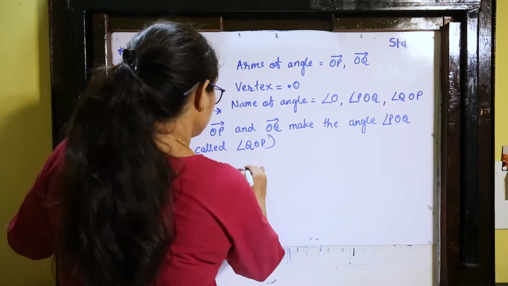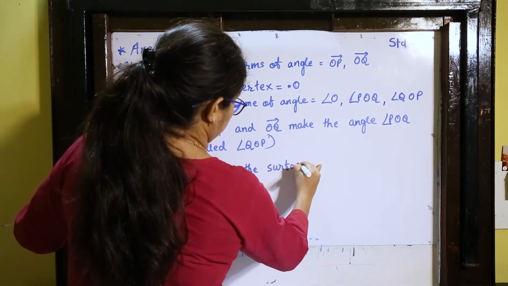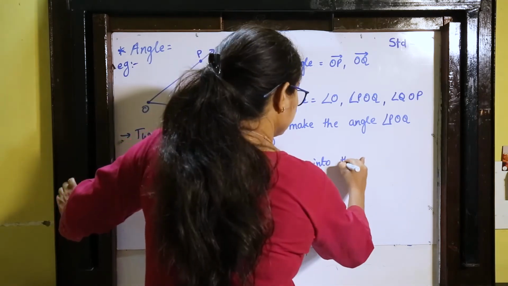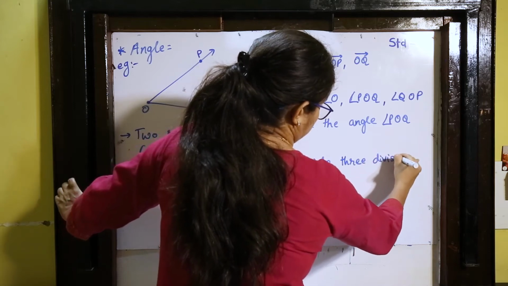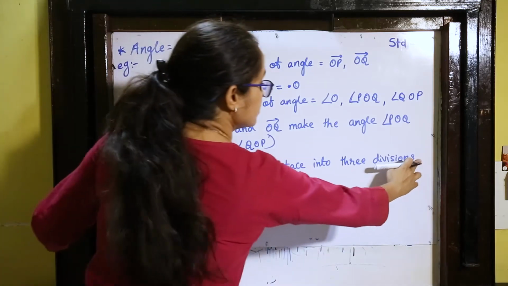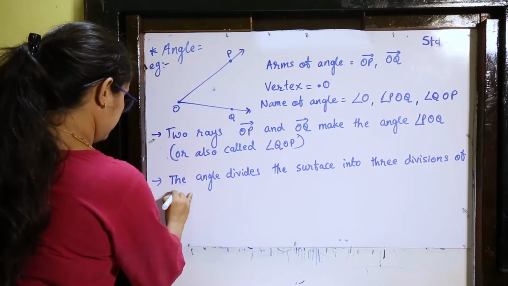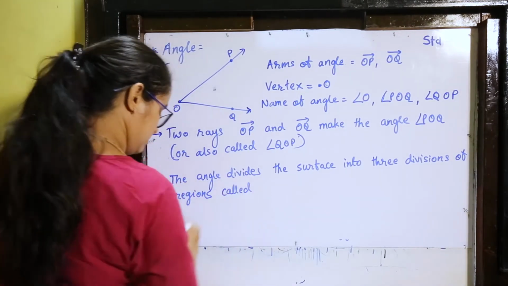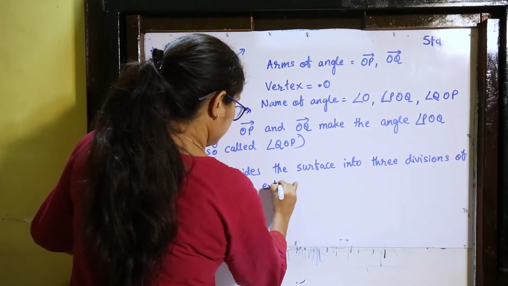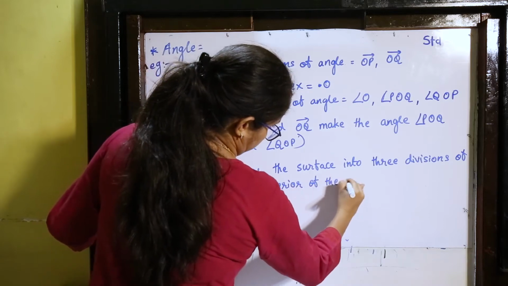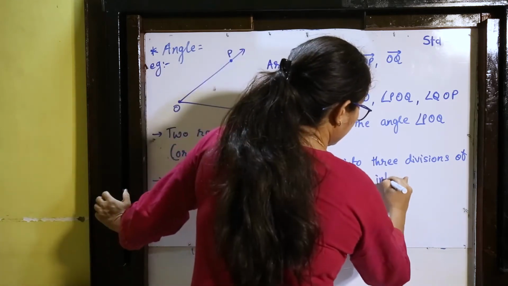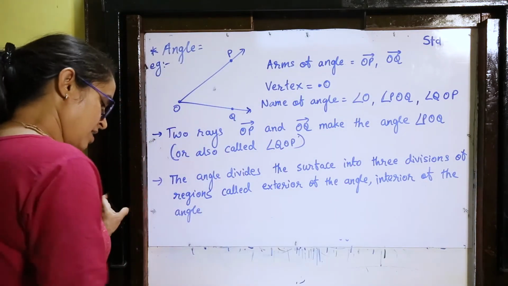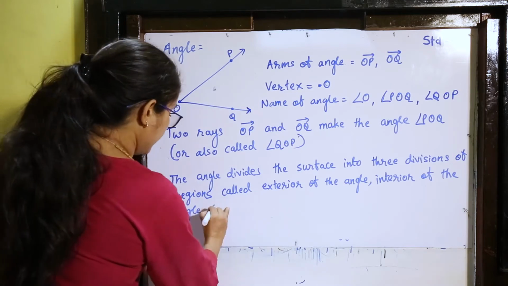the surface into three divisions of region called exterior of the angle, interior of the angle, and on the angle.